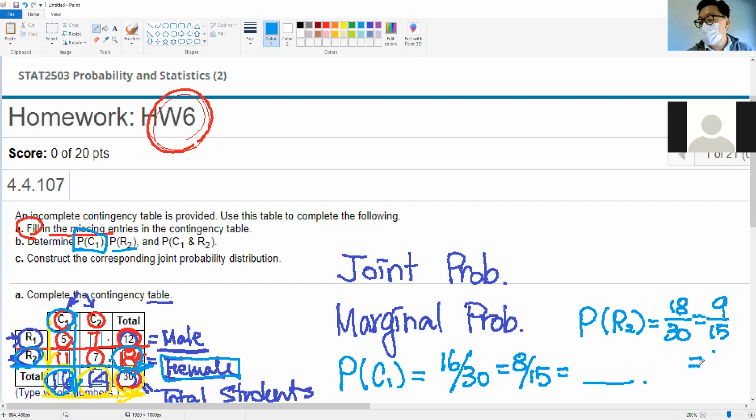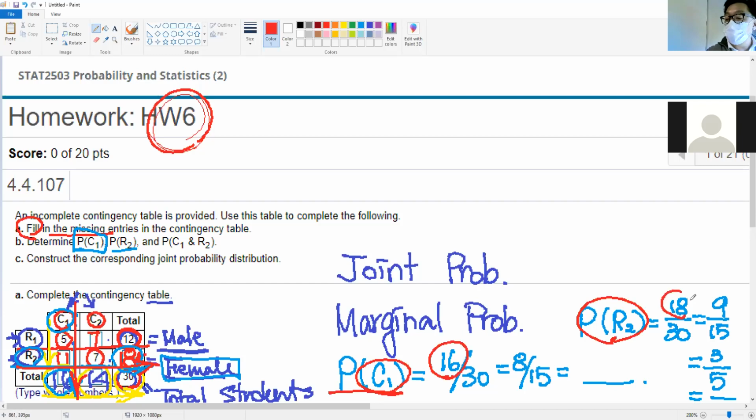I can simplify one more time. It's 3 over 5, or even the decimals. So in the probability of C1 this way, or the probability of R2 that way, we take the marginal total divided by the total number of students. So this is the marginal probability.